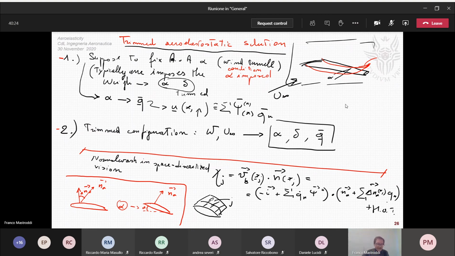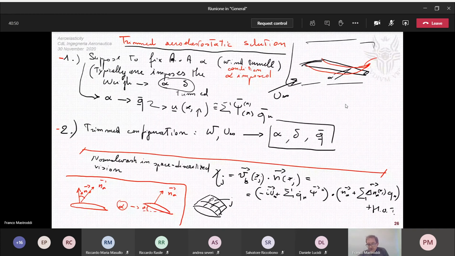So we have, in other words, the product of the velocity for the permeability condition. Here we have u infinite. I forgot to write u infinite. So we have the flow plus the deformation giving the total body velocity. So we have a rigid body translation plus the deformation contribution.